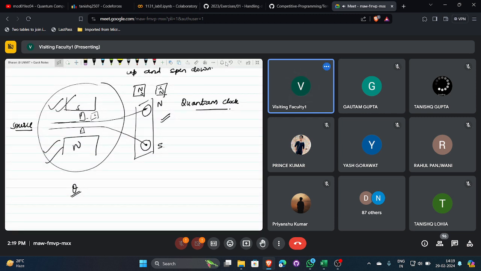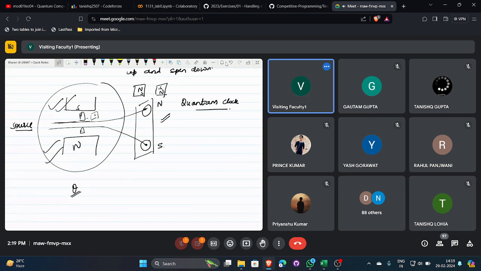You may answer yes, it is 4 o'clock, but maybe you answer no. Because 4 o'clock and 8 o'clock, or 6 o'clock and 12 o'clock, have the same orientation. We don't know if the face is on the upward side or downward side, and you are not allowed to see the clock. You are just touching it and giving the answer: it is 4 o'clock or it is 8 o'clock.